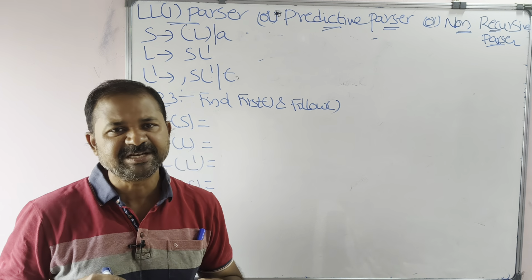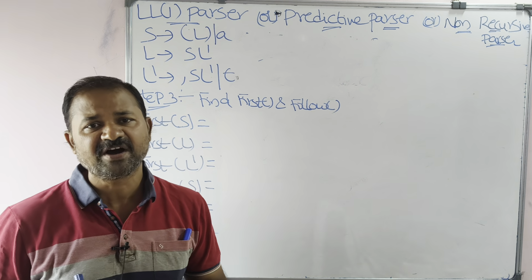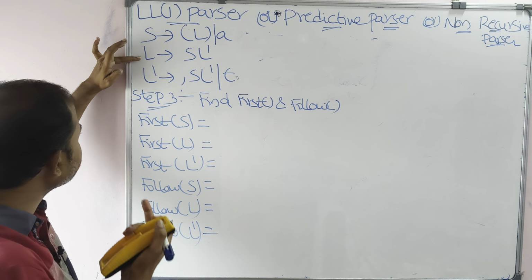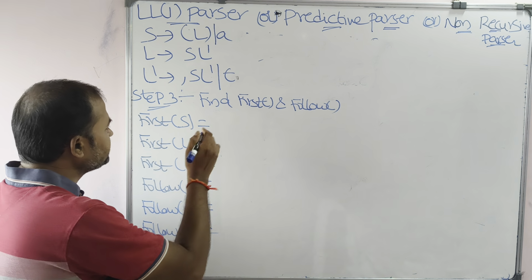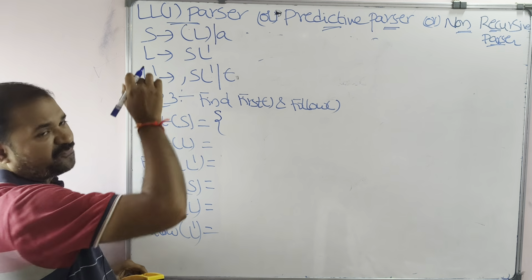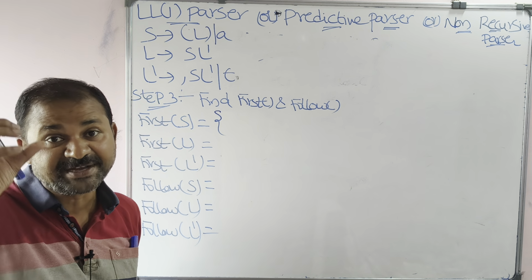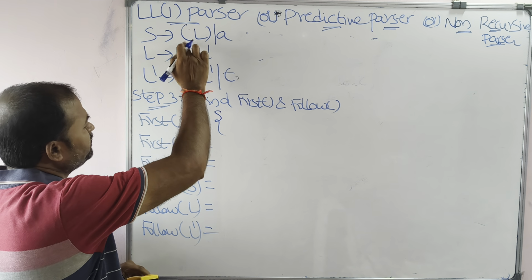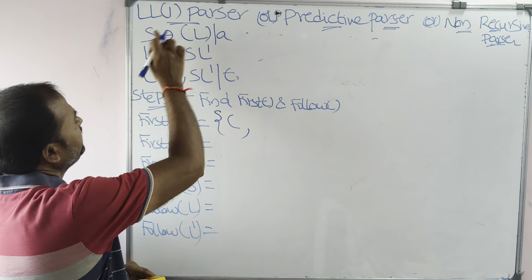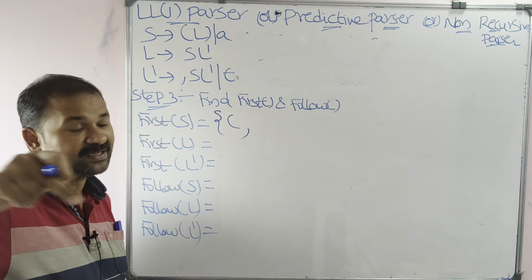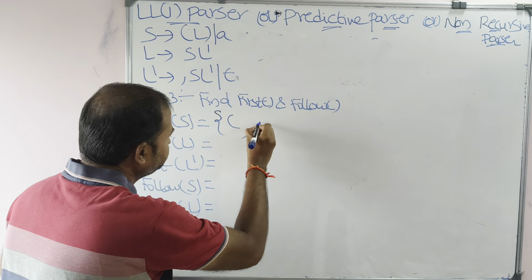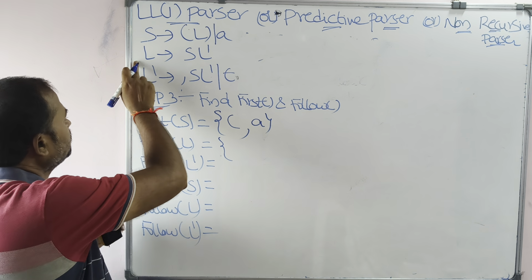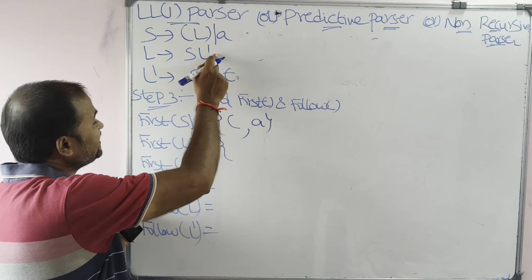Now let's see step 3, find first and follow. We have to calculate first for these non-terminals: S, L, L dash. Let us calculate first of S. First will always give the first terminal symbol. In this production, what is the first terminal symbol? Left parenthesis. If we take S produces A, the first terminal symbol is A. Next, let us calculate first of L. L produces S L dash.